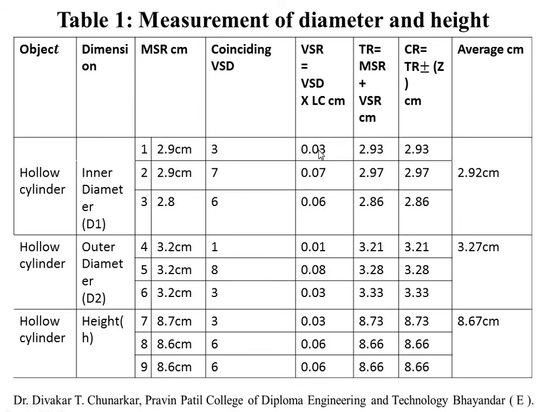Total reading आया है, ये तुम्हारा VSR और ये MSR, प्लस VSR करोगे तो आपका answer आएगा 2.93. This reading and this reading merge with each other, or are added to each other, to get 2.93. Then the corrected reading is 2.93, because this is total reading plus Z, but our value of Z is 0, and therefore the answer is 2.9 centimeter.